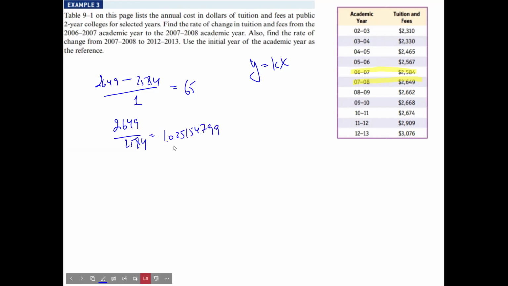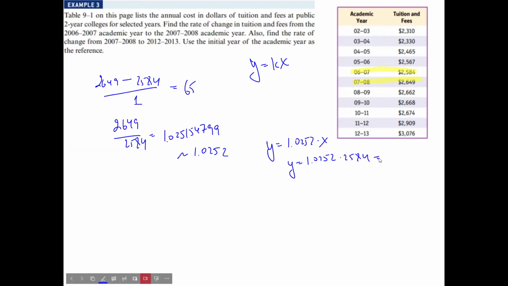So we can round here. If you round to 103, we'll have a big error. So let's round to 10252, for example, right? And then you have y equals 10252 times x. Now, if you plug in 2584, let's see.